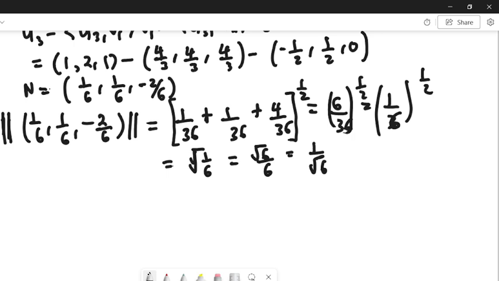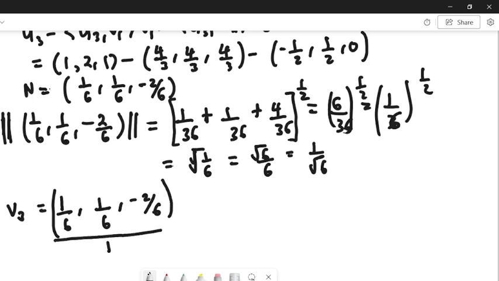So our V3 will be equal to (1 over 6, 1 over 6, negative 2 over 6) divided by root 6 over 6.